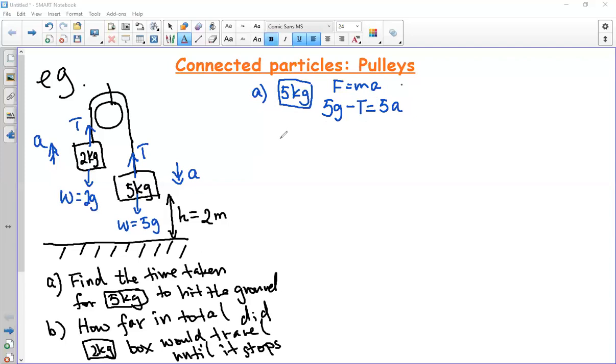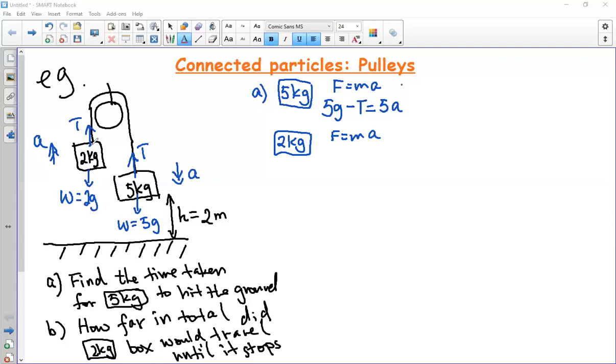Now we need to think about the 2 kilogram box. Again, we're going to use F equals ma. Be careful, because we are considering forces on different objects, so we're going to treat them differently here. In this situation, I'm going to take upwards as the positive direction because acceleration is going upwards.